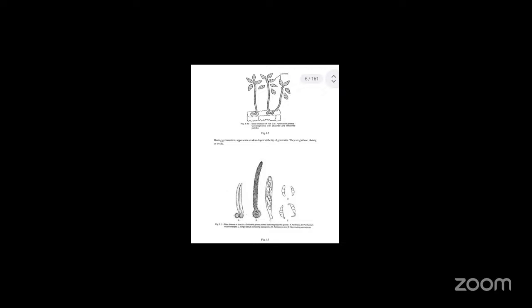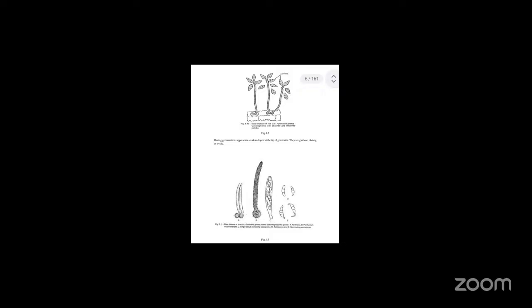Lesions on the neck are grayish brown and cause girdling of the neck and the panicle to fall over. These are the infections.